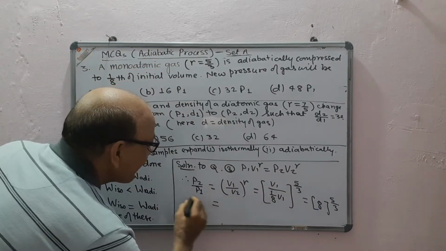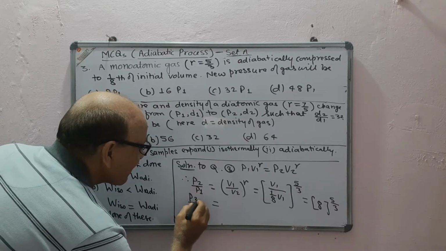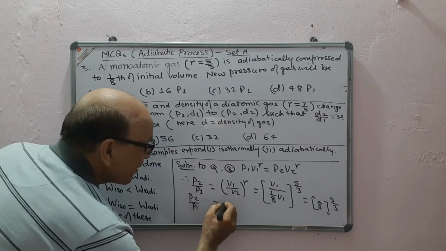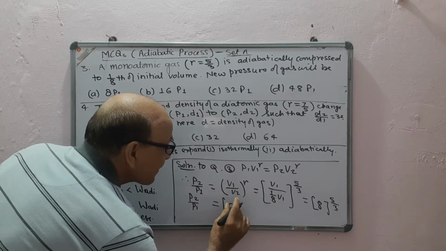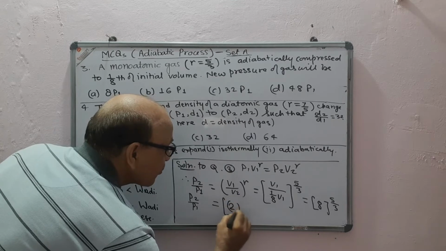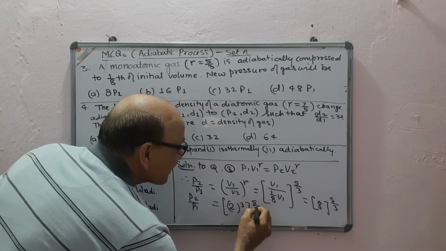So you can write P2 upon P1 will be equal to 2 to the power 3 whole power 5/3.